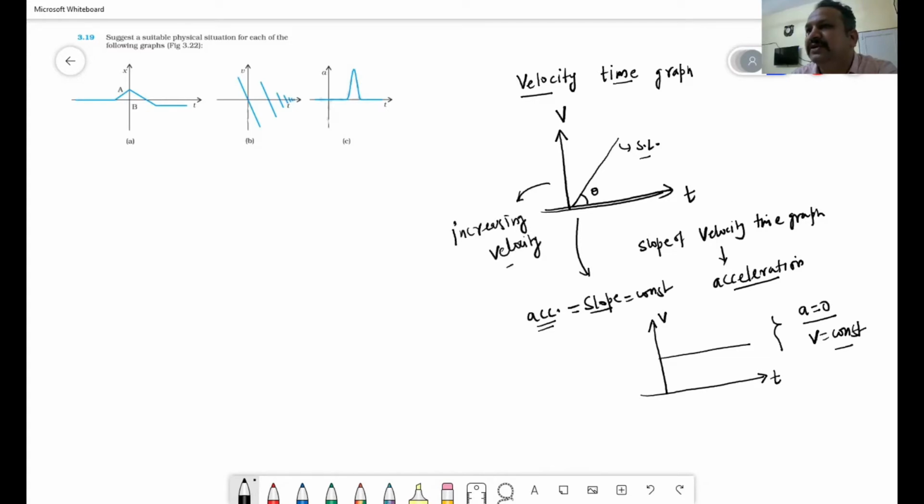So in this case the particle is accelerating. So this is about the velocity time graph.